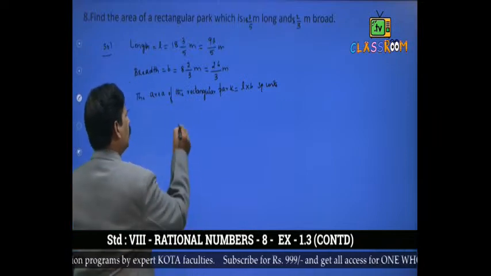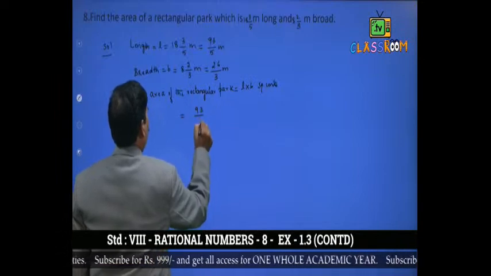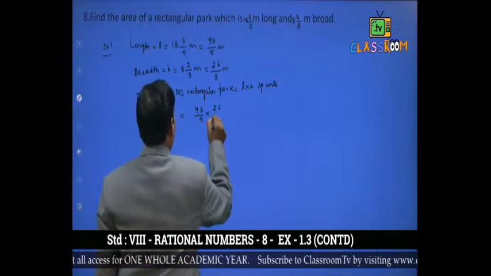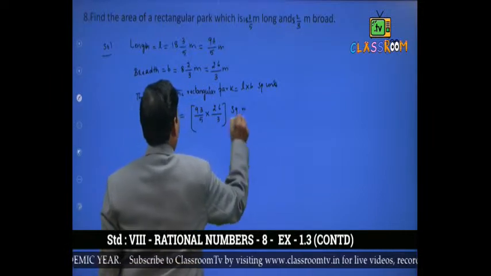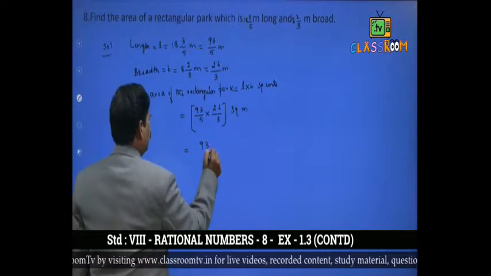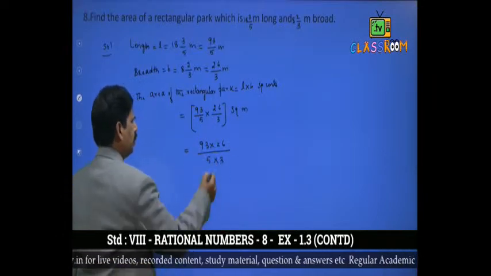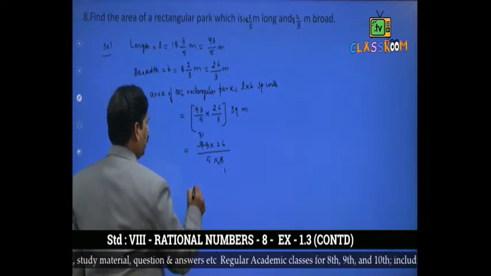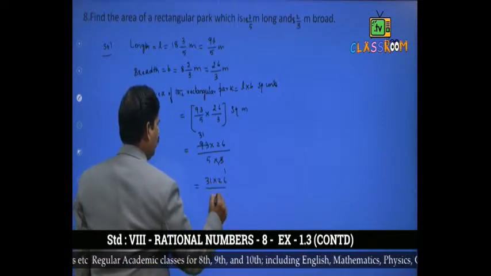What is the length? 93 by 5 into, what is the breadth? 26 by 3 square meters. So now multiply 93 into 26 by 5 into 3. 3 ones are 3, 3 threes are 9. Any other cancellations? No. So this is 31 into 26 by 5.